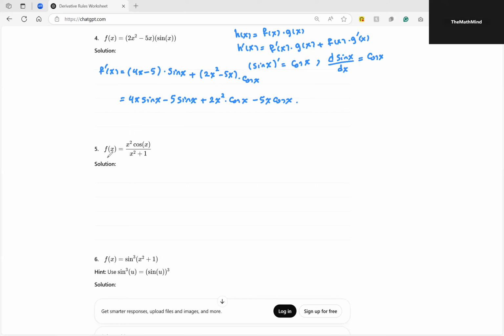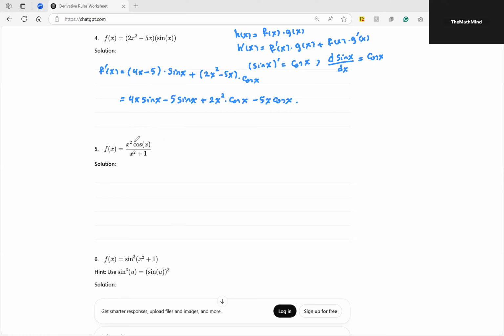Okay, in question number 5, we have the multiplication, also cosine, we're taking the derivative of cosine, and also there is a quotient rule here. We have a mix of all. First of all, we apply the quotient rule.